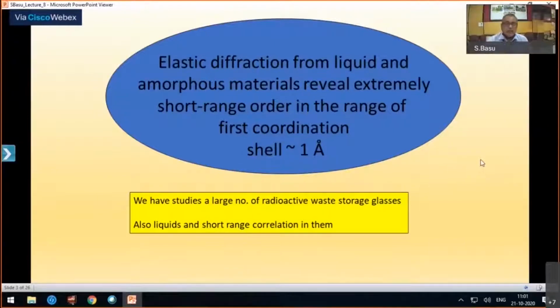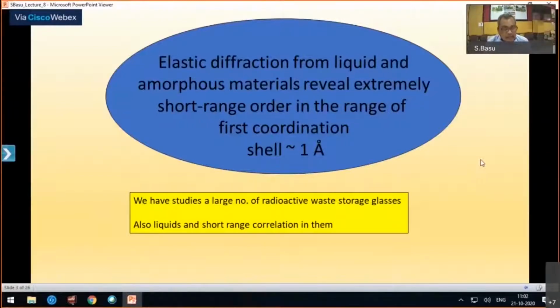Okay. So, diffraction on liquids. When it comes to liquids and amorphous systems, they are slightly different in the sense that dynamically, in a liquid, atoms and molecules are moving around, we know. This dynamics is one part which can be studied, which I'll get to later.